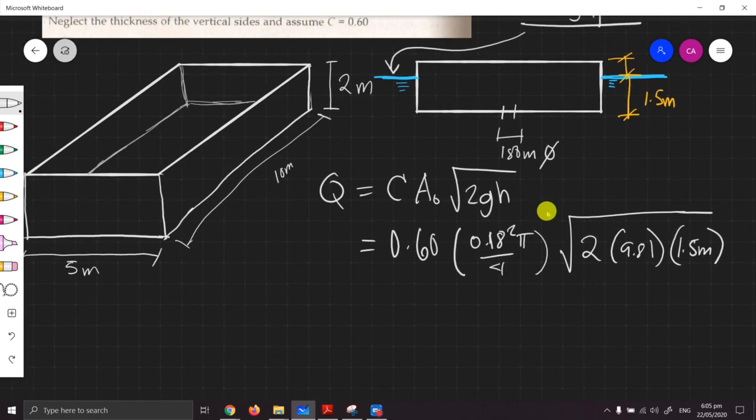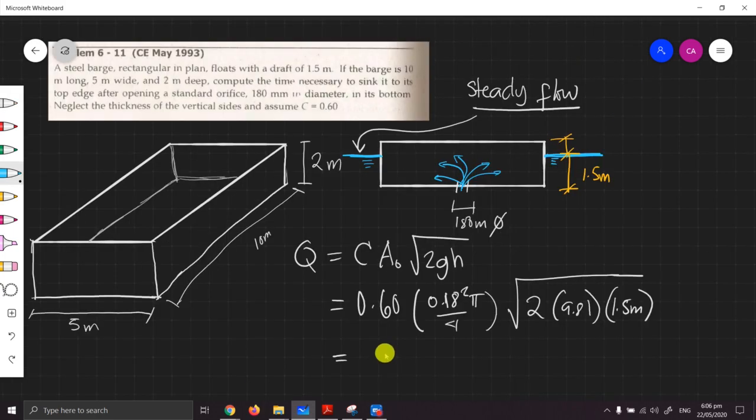So what would be the value of Q? Pa-compute. So, yung ating Q ay 0.0828 cubic meter per second.